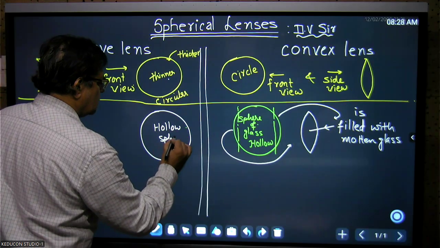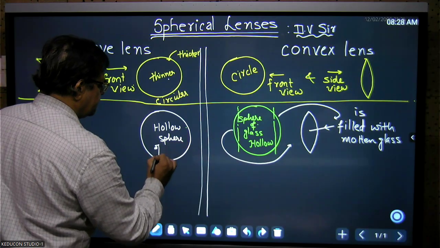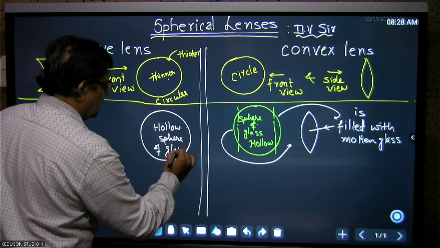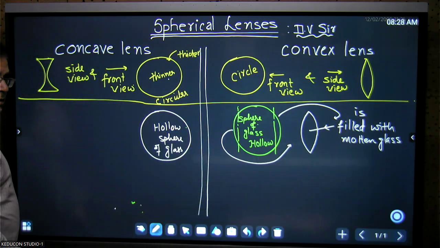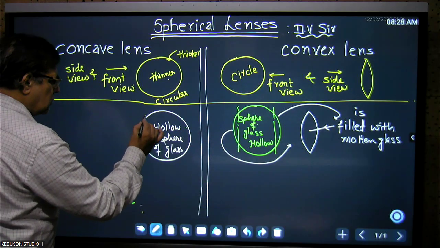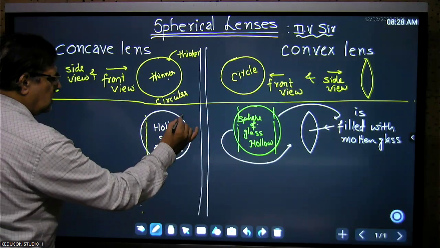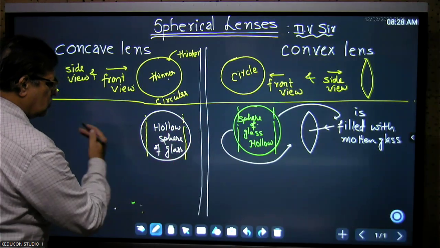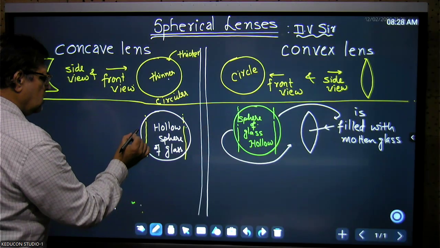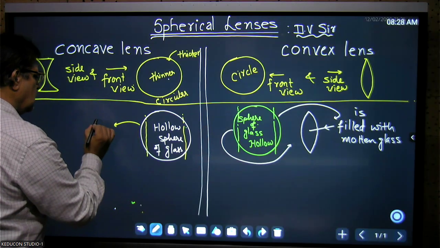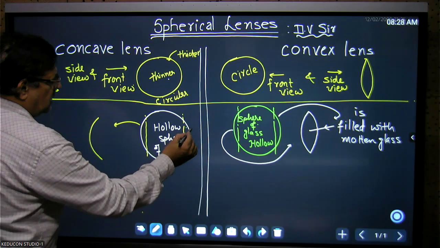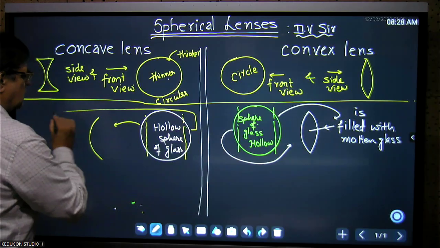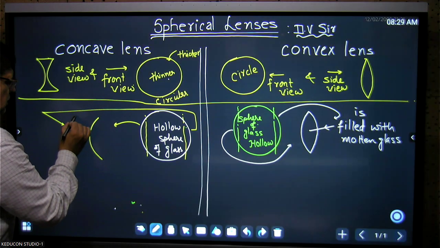Again, I will cut the two portions here and here. So this portion and that portion. This portion is cut and placed here like this, and that portion is cut and placed here.